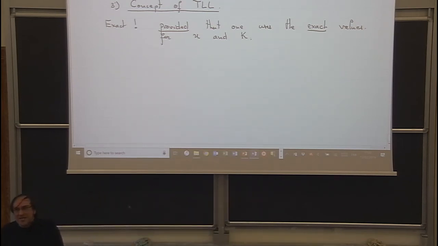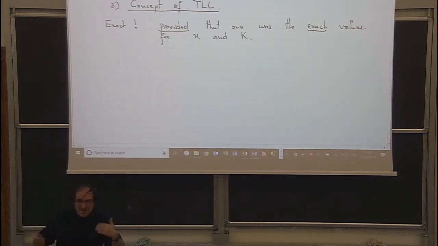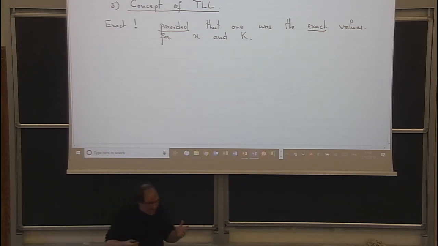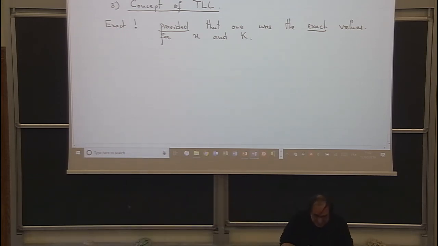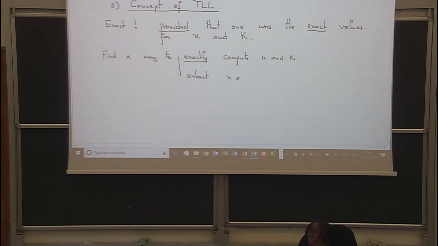And I would say there is another analogy. Fermi liquid theory was invented by Landau. Tomonaga-Luttinger liquid was invented by Haldane, so none bear the name of their inventors. So maybe it's also a connection there. But the point is, again, you have to find a way to exactly compute U and K, or extract U and K from experiment.